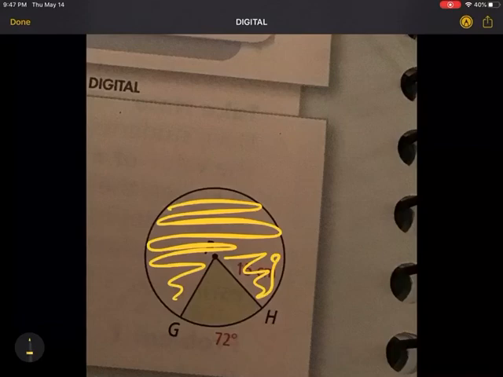What I know is the other angle, so let's find the angle on the other side. If I take 72 away from 180, it's 108. So I know the central angle on the other side is 108 degrees.